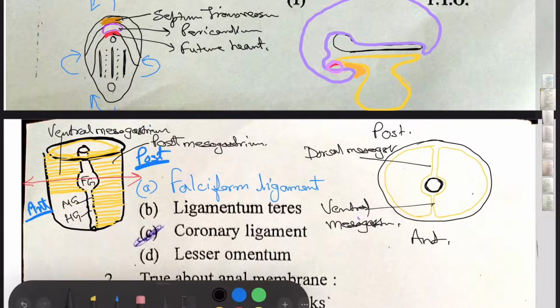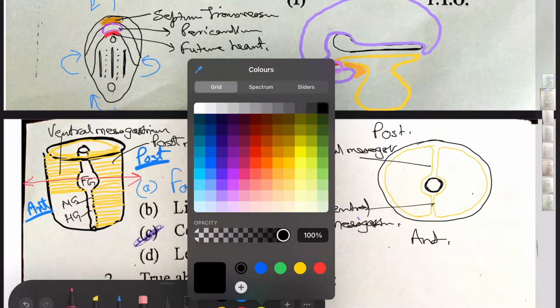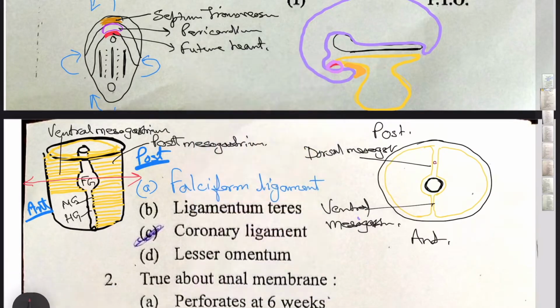Now what happens later on, the mesenchymal cells start collecting down here in the dorsal mesogastrium, right? This collection of mesenchymal cells will later develop into spleen.